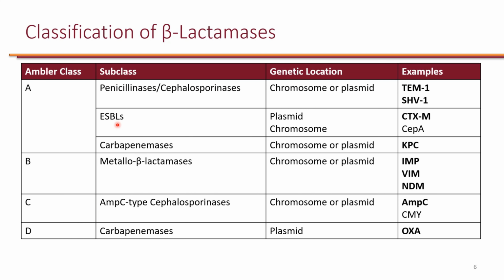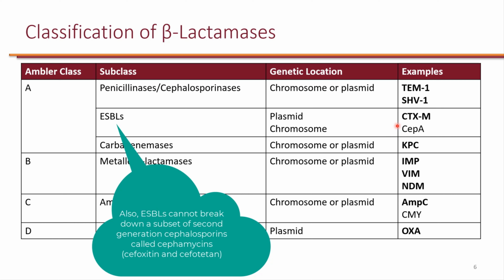Then we have extended spectrum beta-lactamases or ESBLs. And these basically are for the most part CTX-M as well as derivatives of TEM and SHV. And the reason these are called extended spectrum is that in addition to penicillinases and cephalosporinases that break down penicillins and first and second generation cephalosporins, they also break down third generation cephalosporins, as well as aztreonam.